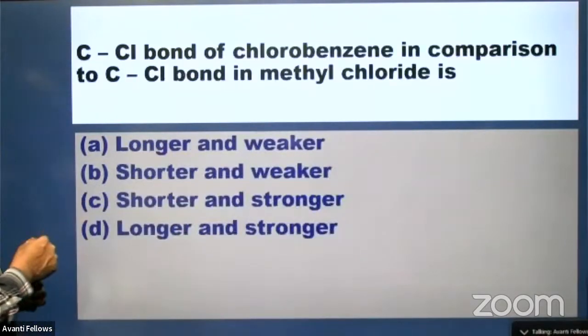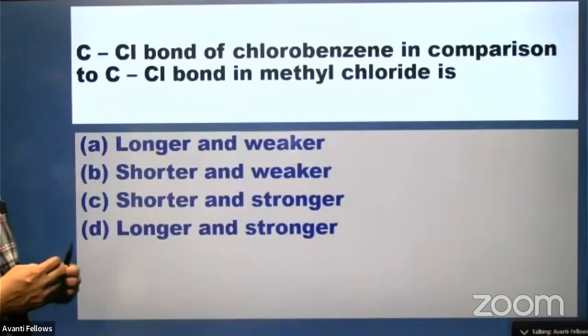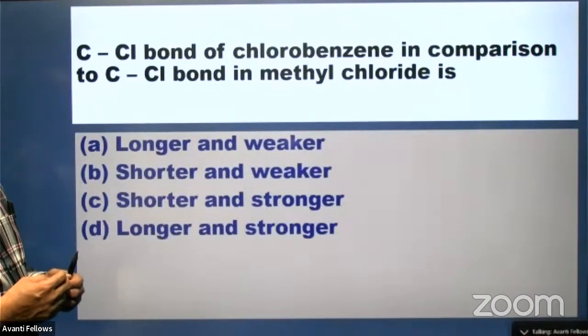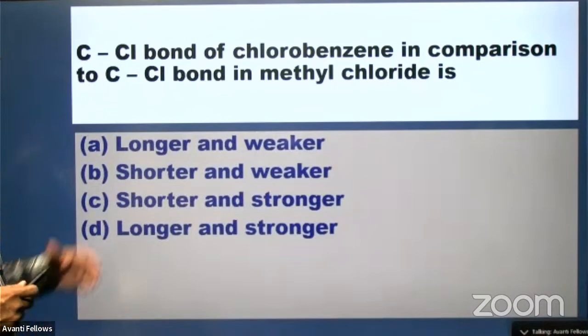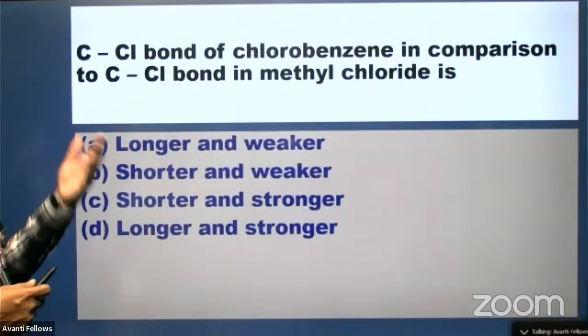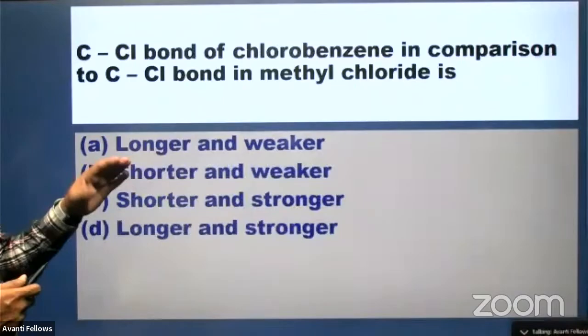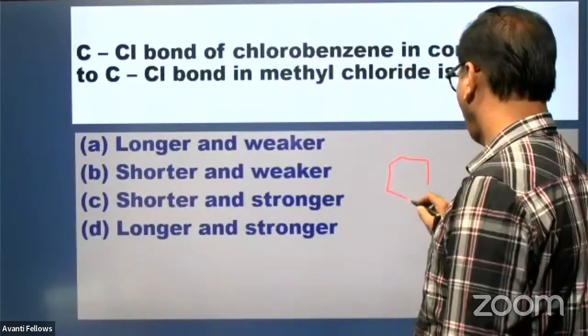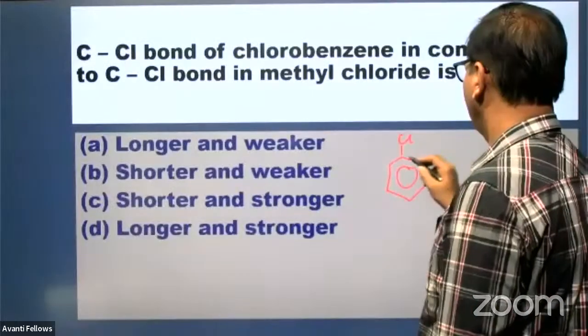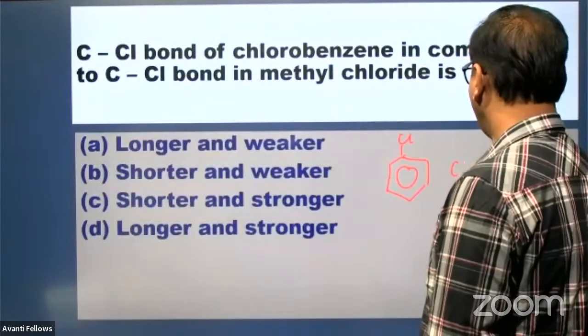Now, the C-Cl bond of chlorobenzene in comparison with the C-Cl bond in methyl chloride is: longer and weaker, shorter and weaker, shorter and stronger, or longer and stronger. Option C. This is chlorobenzene, and here is the C-Cl bond of methyl chloride.